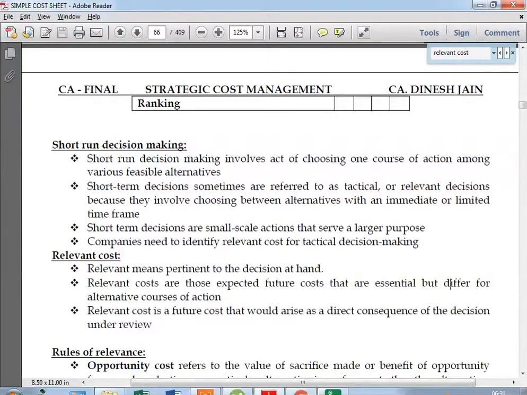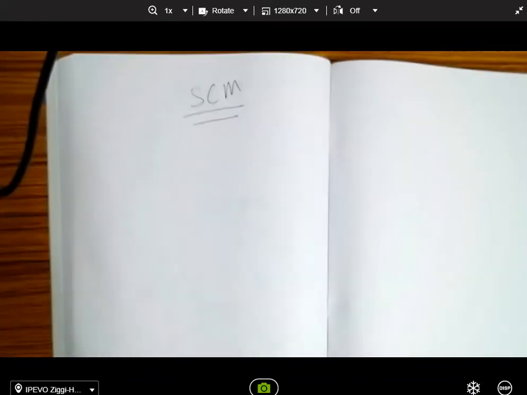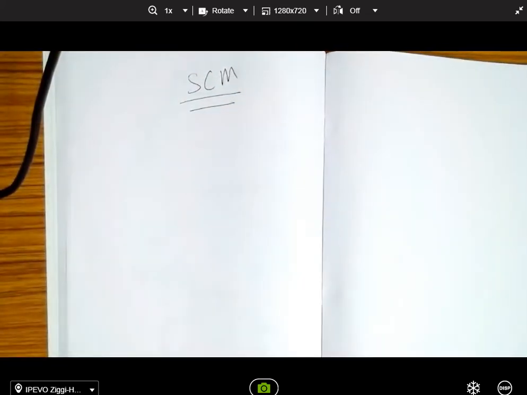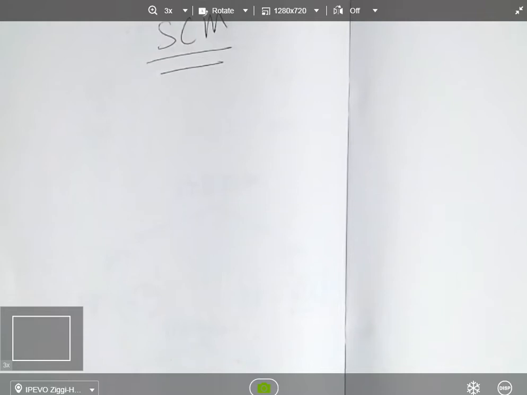In stock, split it into two. Material in stock, split that into two: fast moving and slow moving. Fast moving, put an arrow mark down.